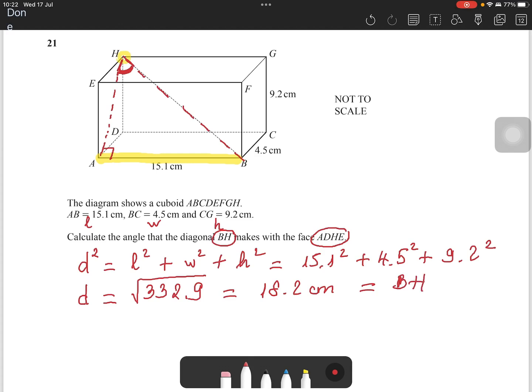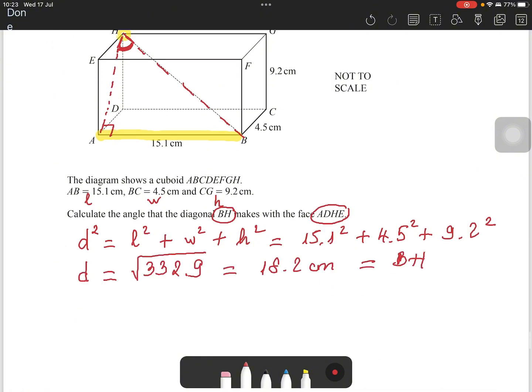Now, after we have the length of BH and BA, we'll apply SOHCAHTOA to find the angle H. First, we see that AB is the opposite side, and BH is the adjacent to the angle BHA.